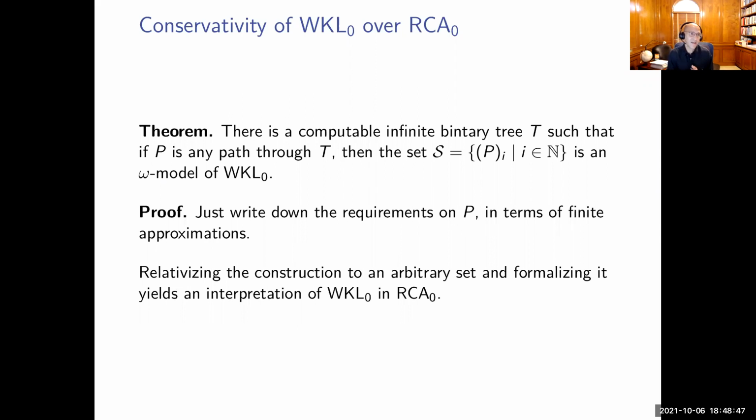And the magic trick is that there is a single computable infinite binary tree such that any path through that tree is, or codes, or represents, a sequence of sets that's an omega model of WKL naught. And once you have the idea to do that, the proof is very easy. You just write down what the path has to do. The only hard part of the theorem is thinking that this is what you need to do.